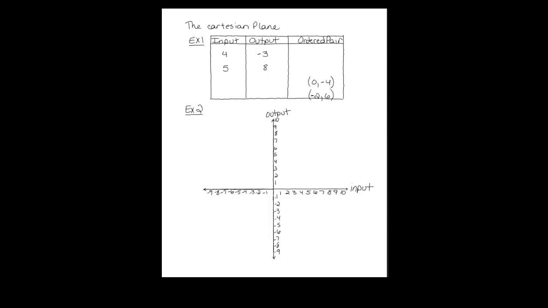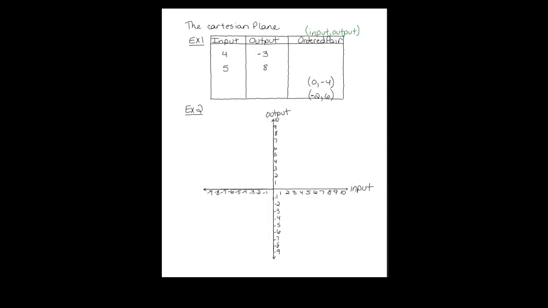Each of these cases can be written together as an ordered pair. In an ordered pair, you have the input value, which always comes first. I'm going to write it here, and its corresponding output value, which always comes second. That is the order of an ordered pair.